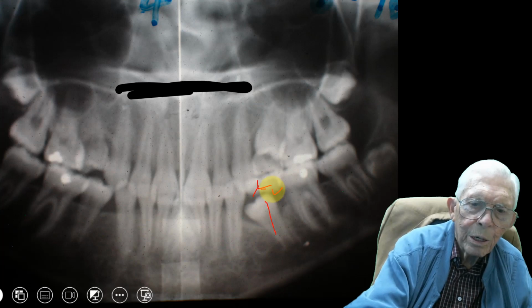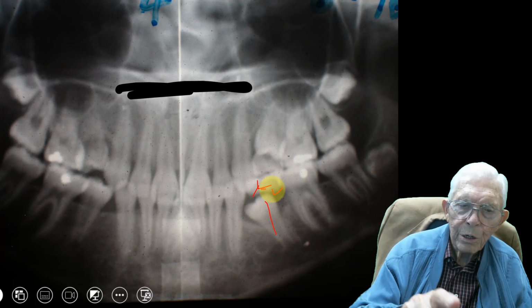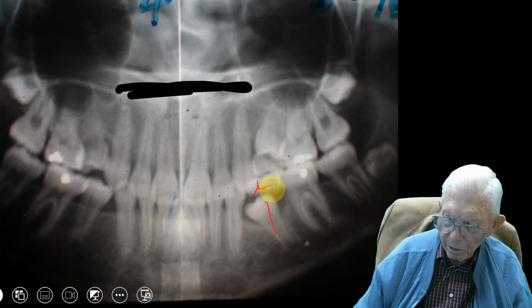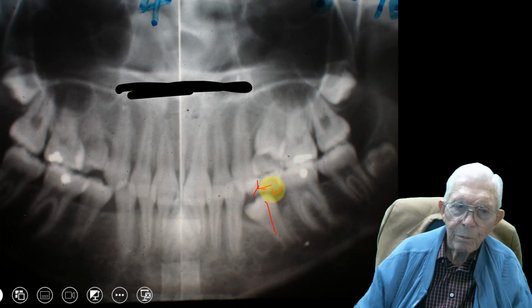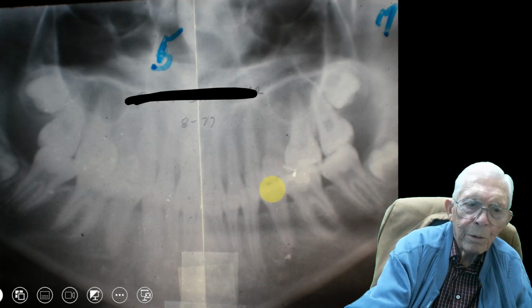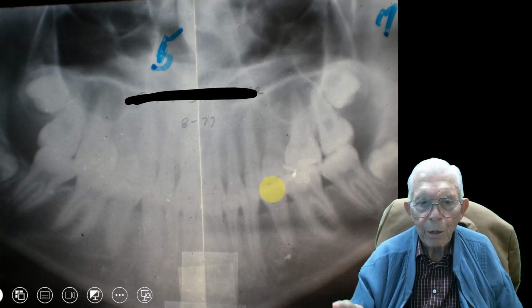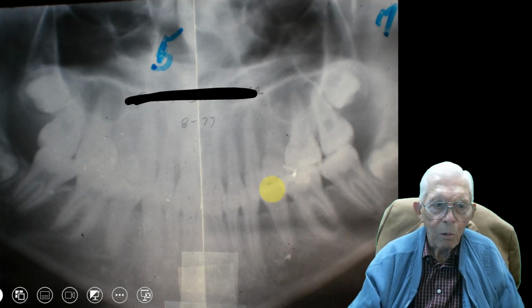This moved in here, and I hadn't done anything at all, just made some room there by taking out those bicuspids. Now, this one straightened up, and this thing went here, and we didn't put any braces on there at all.